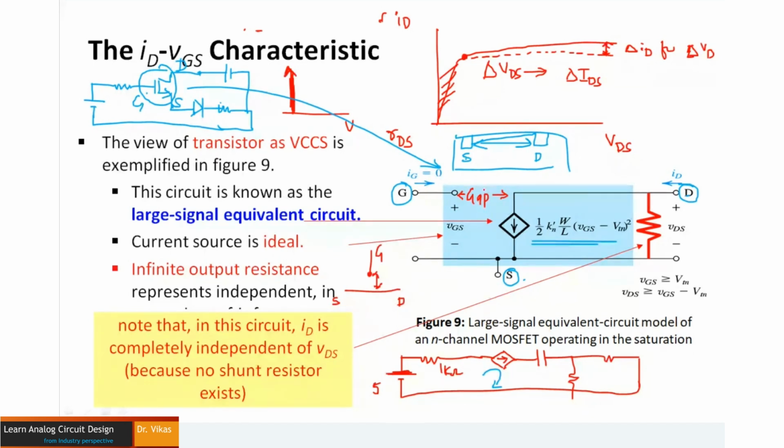This gap indicates that there is a presence of an oxide layer, which is an insulating material, and that means there is no flow of current whatsoever, and that's why there is no connection shown over here. Although when you push this into this network model, you can show it this way. If you connect it this way, then you have to mention it as Ig is always equal to 0. If you do not want to write Ig equal to 0, then better not connect it. So that is how the modeling is given.